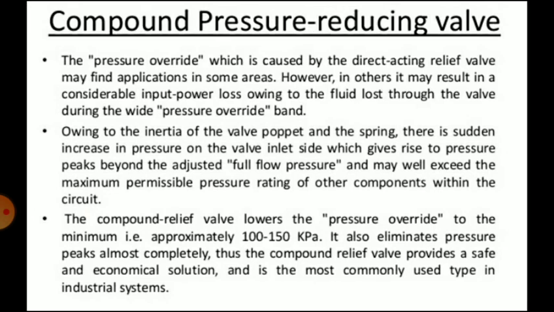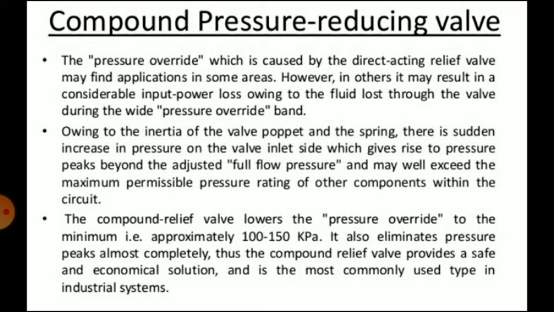Now, the second type, that is the pilot operated pressure reducing valve. The pressure override which is caused by the direct acting relief valve may find applications in some areas. However, in others, it may result in a considerable input power loss owing to the fluid lost through the valve during the pressure override band.